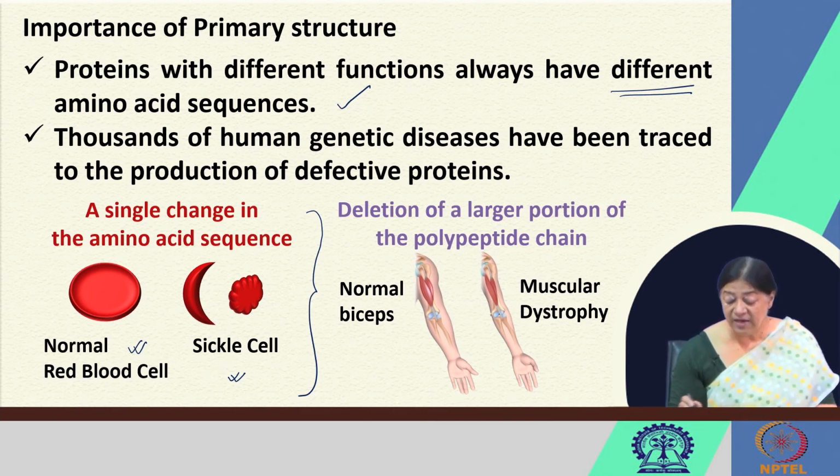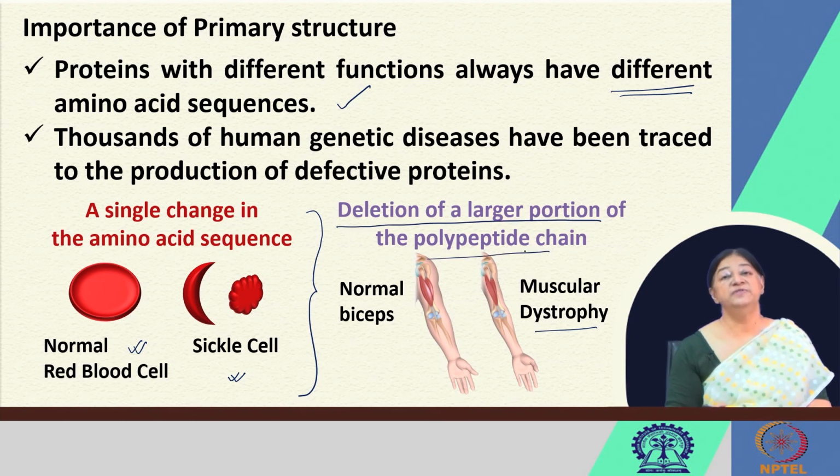Similarly, in muscular dystrophy there is a deletion of a large portion of a specific polypeptide chain, leading to impaired function. So we realize the importance of the primary structure, the importance of the sequence of amino acid residues in the specific way they form, because that is going to be dependent on how they fold in three-dimensional space.